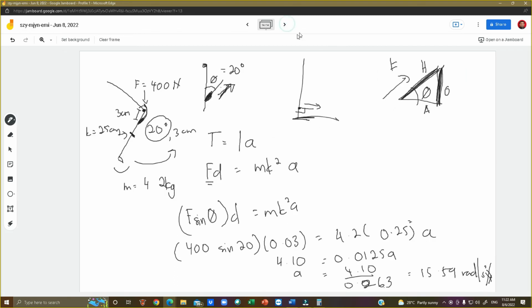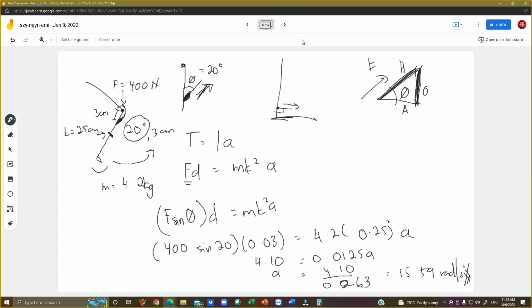But if the force being delivered at an angle, the amount of force is not going to be equal to the amount of force being generated. Generated 400 Newton, but within an angle, dia akan turun. Dia takkan dapat 400 lagi. Dia akan dapat 100 lebih je tadi, sin 20 kali dengan 400. Okay, this is a case of angular momentum and also angular impulse.